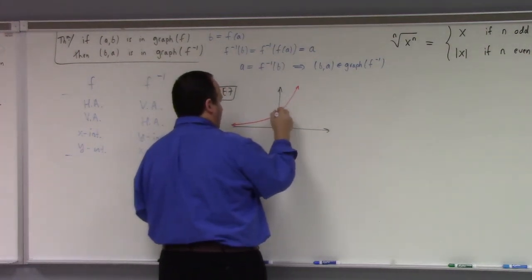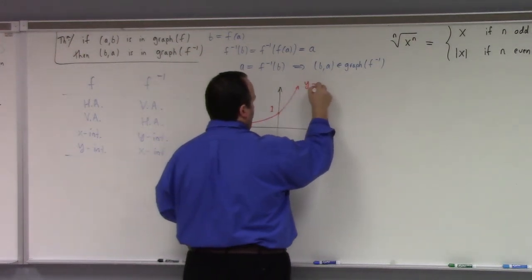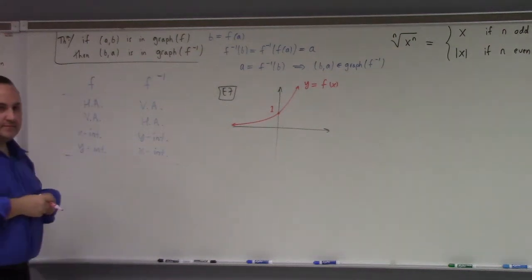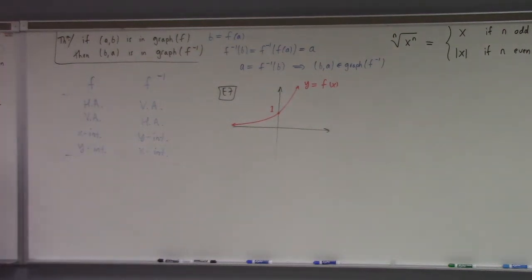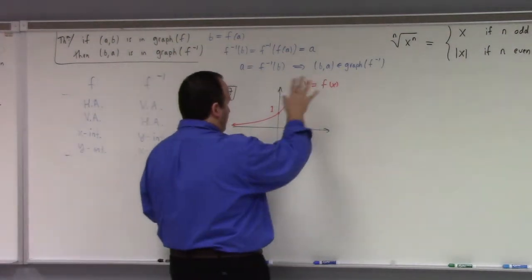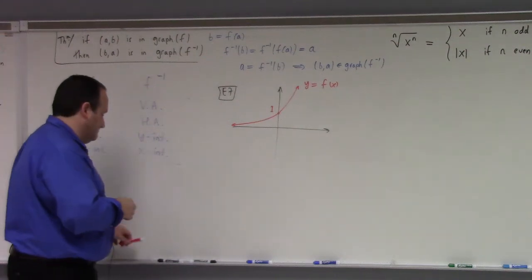So maybe this point here is at 1. So that function's invertible, right? It passes the horizontal line test. What's the graph of the inverse? Graph the inverse function. This is given, now graph the inverse. Can you do it?